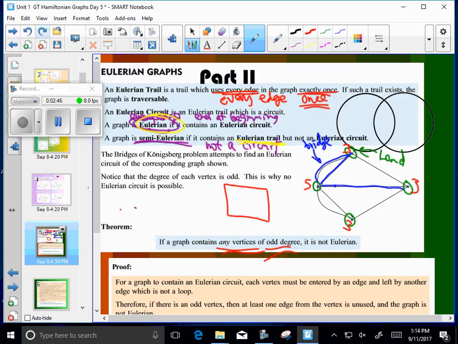What if you had 4 here, and then did that. Is this going to be Eulerian? Yeah. Did I do that twice, though?